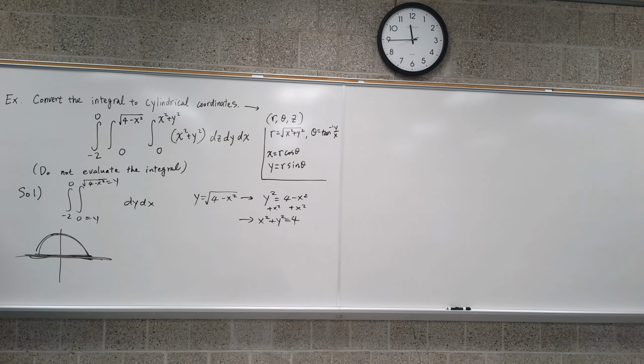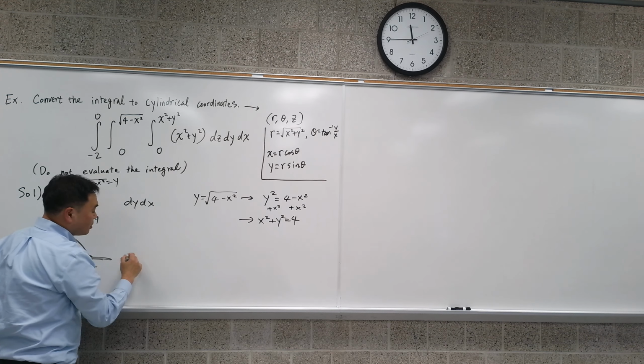Now, however, you should also notice that x is only going from -2 to 0. We know that this circle is radius 2, so it goes from -2 to +2, and we're only taking this portion. You see that? That's where the x goes from. So here's what we have.